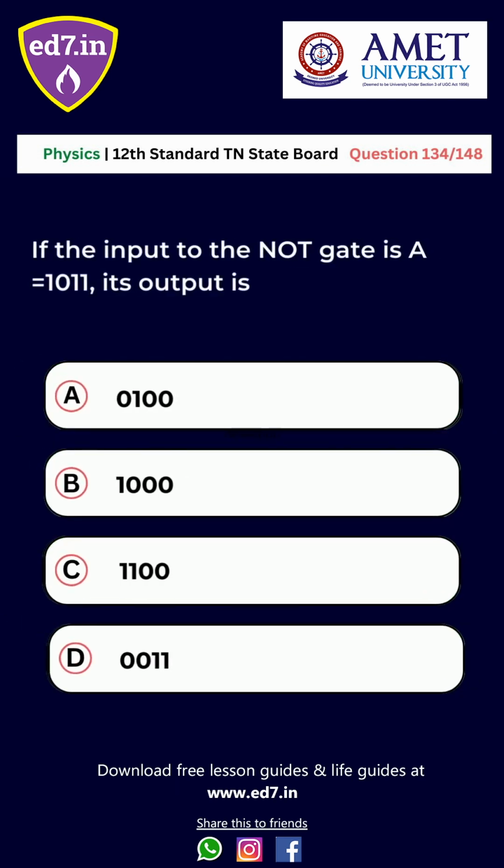If the input to the NOT gate is A equal to 1011, its output is option A, 0100, B, 1000, C, 1100, D, 0011. The right answer is option A, 0100.